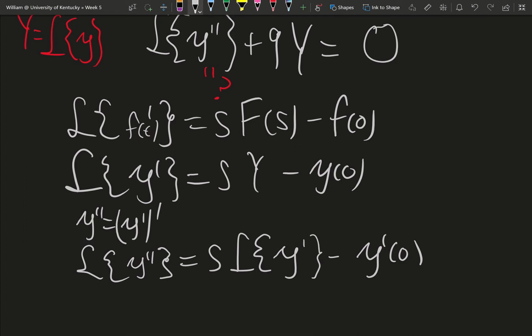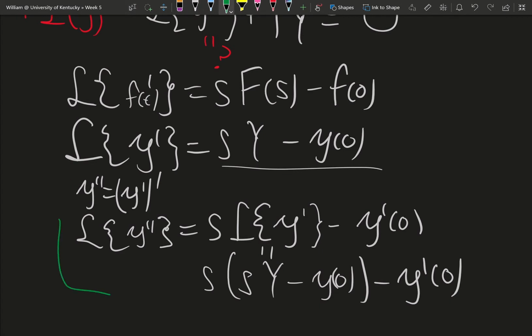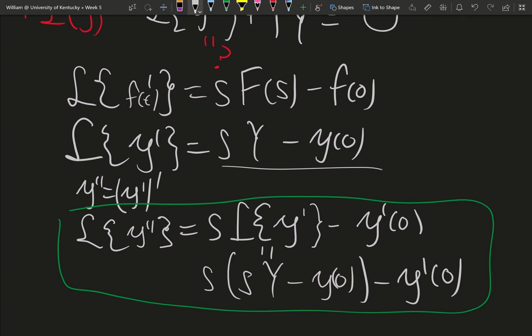All right, and now we just nest it. We use this formula right here, so we have s times (s capital Y minus y of 0) minus y prime of 0.